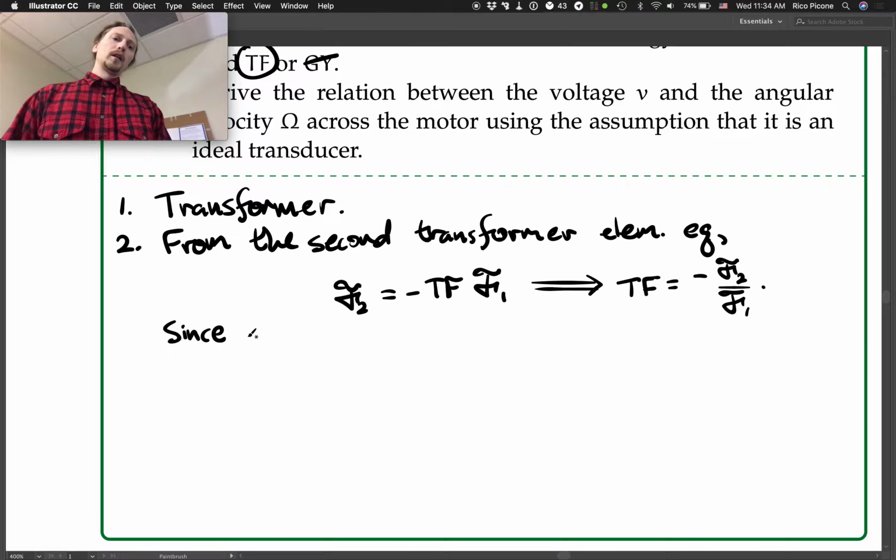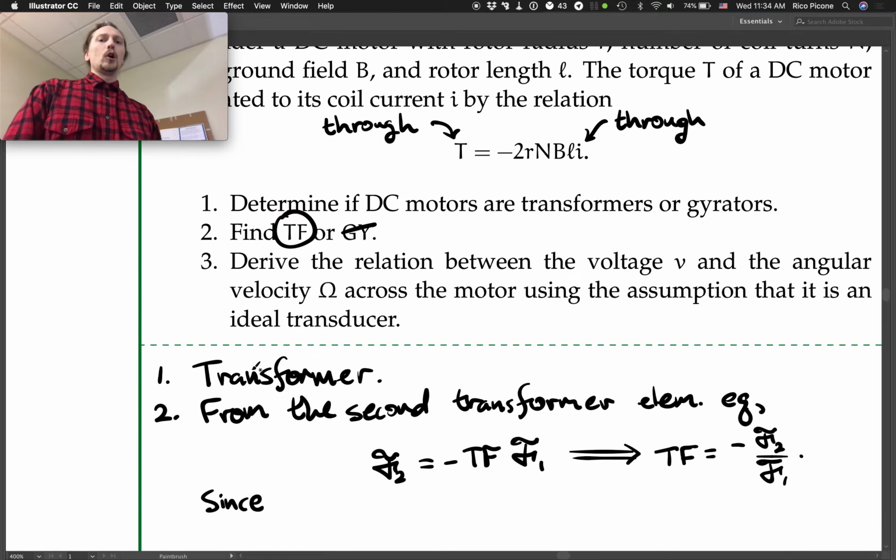We need to identify which is side 1 and which is side 2 here. Let's say the electronic side, it's a motor. We tend to label side 1 as the side where the input comes from, the power side, and side 2 as the load side where the power is flowing to.